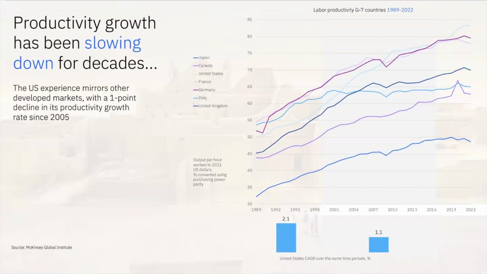However, even with these technologies evolving, productivity growth has been slowing down. And this is something that concerns a lot of countries.